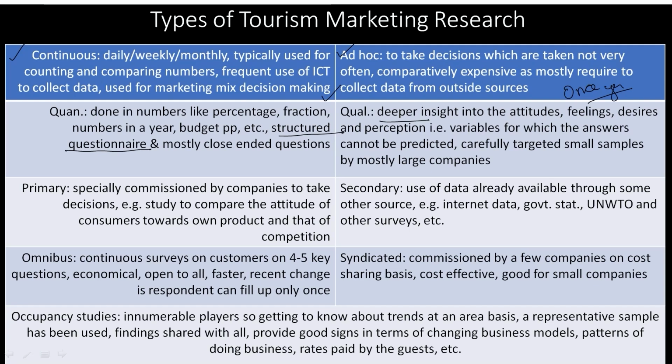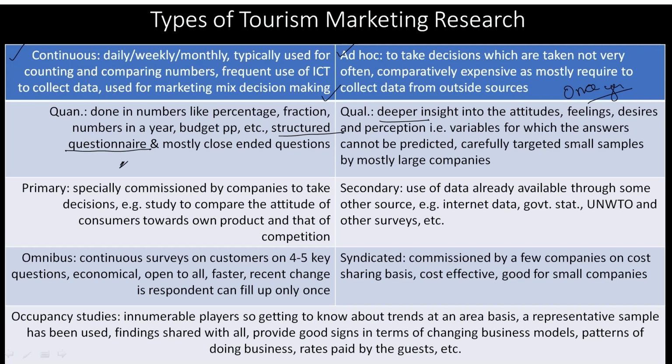Here the answers for the variables cannot be predicted, and since the answers cannot be predicted, making a questionnaire is not possible. So here a discussion has to be held. The questions are open-ended, and they are drawn from the discussion itself, since they cannot be predicted.